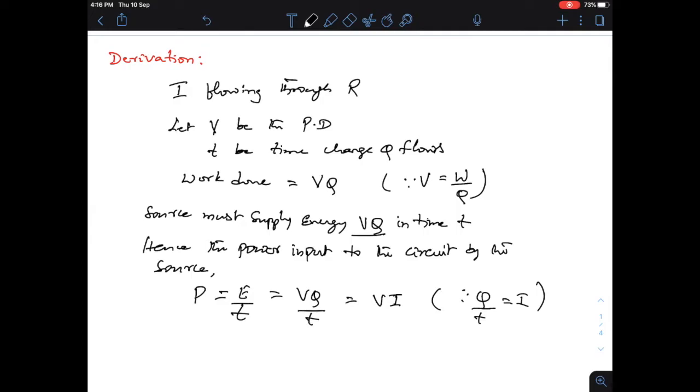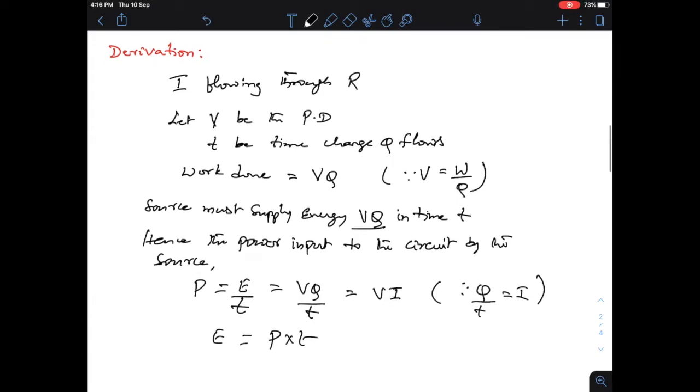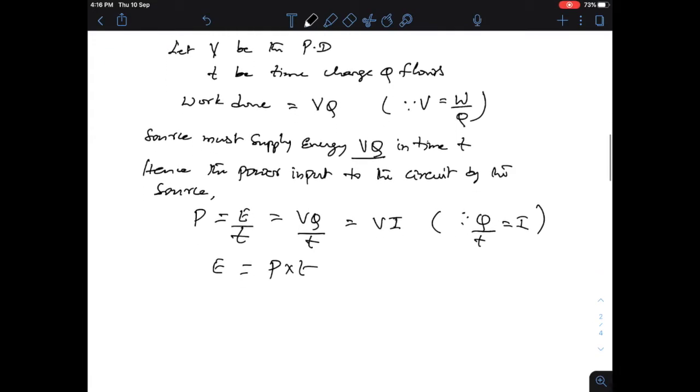Therefore, the energy supplied to the circuit, E, is power into time, P into T, or using this equation, I can write P as V into I into T. This is E. Therefore, energy gets dissipated in the resistor as heat.